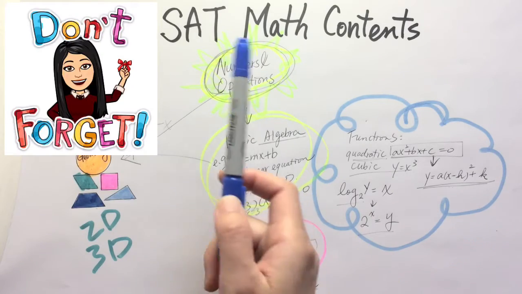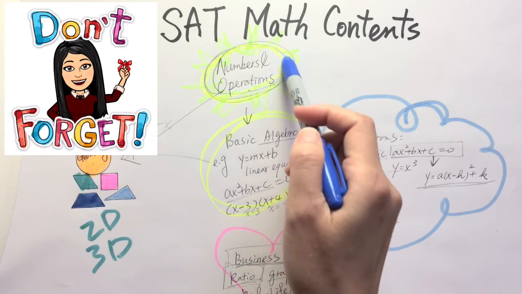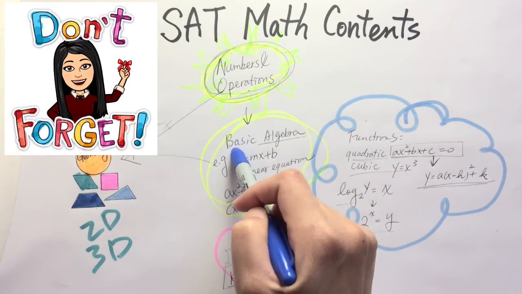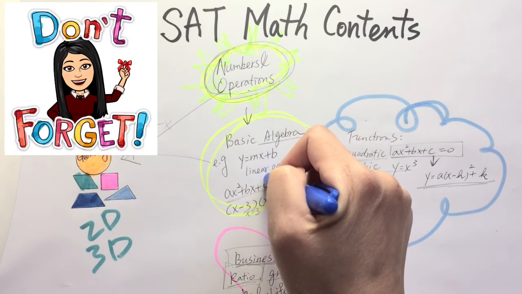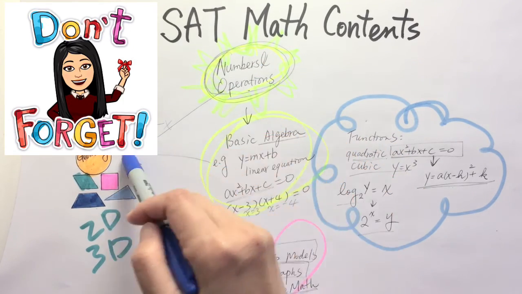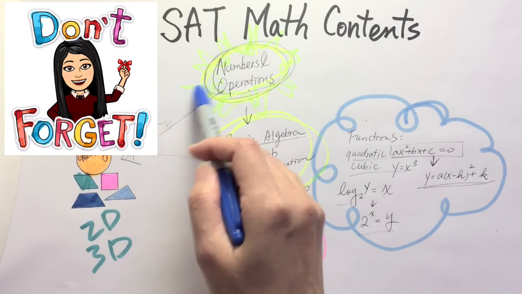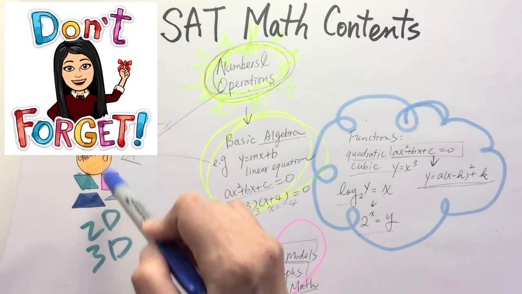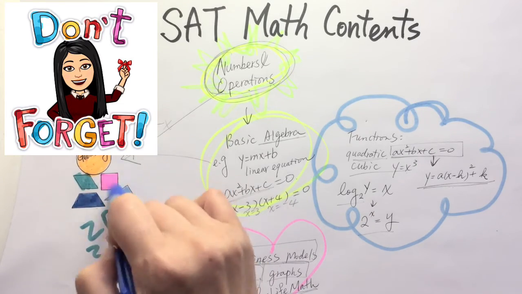Okay, so let's go over SAT math contents one more time. So chapter 1, numbers and operations, and chapter 2, basic algebra, are more like the foundation of SAT math. And then we move to chapter 3, the geometry. I already did some coloring and drawing. Okay, this is a very unique chapter because it talks about 2-dimensional or 3-dimensional math.